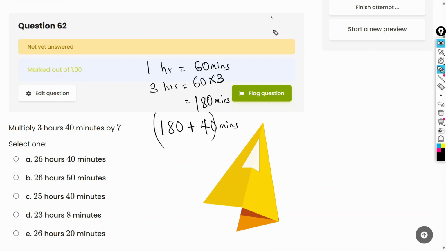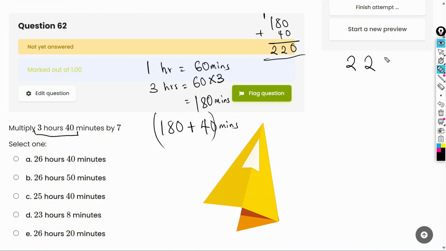So 180 plus 40: 0 plus 0 is 0, 8 plus 4 is 12, 2 carry 1, 1 plus 1 is 2. So 220 minutes. We have 3 hours, 40 minutes as 220 minutes. Now we can multiply by 7.